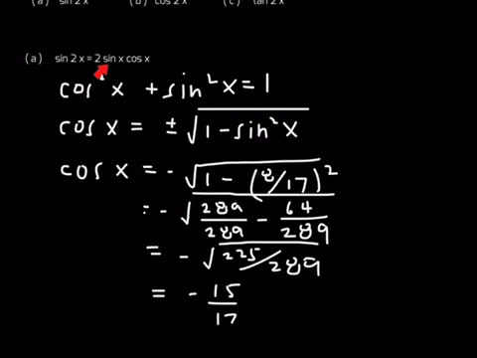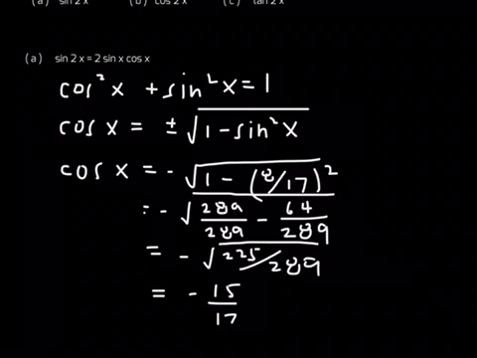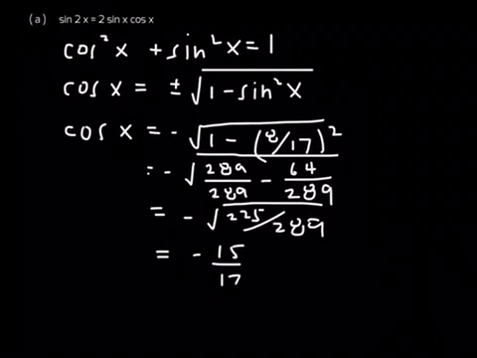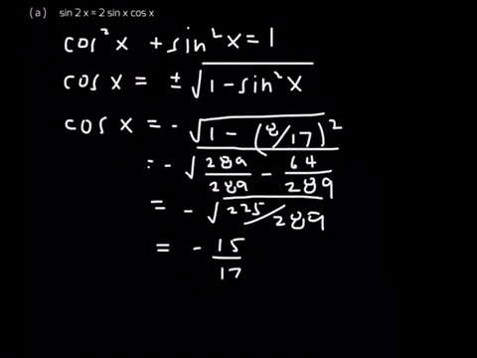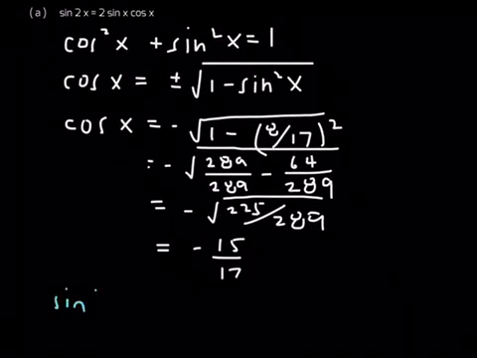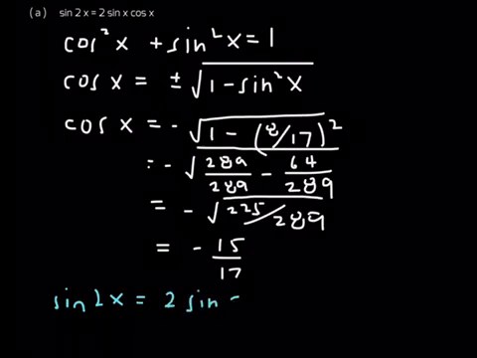Okay, now that I know what cosine of x is, I can plug it in to this expansion along with sine of x. All right, so let's do it now. So sine of 2x is now equal to 2 times sine of x cosine x, which is 2 times, now sine of x, oops, I forgot my x.